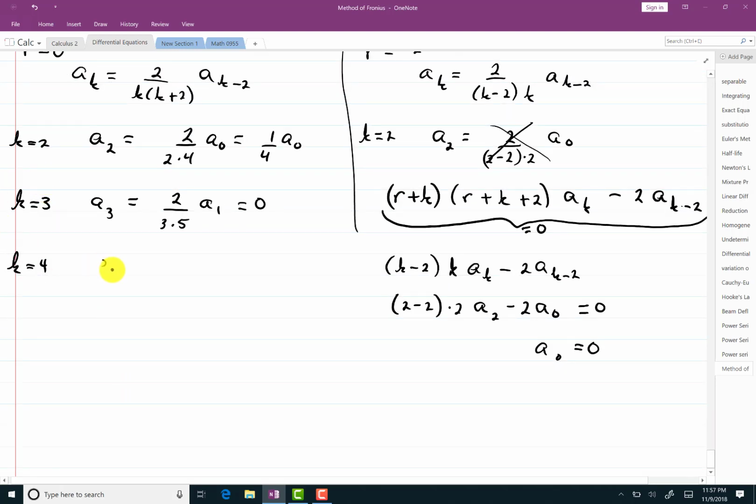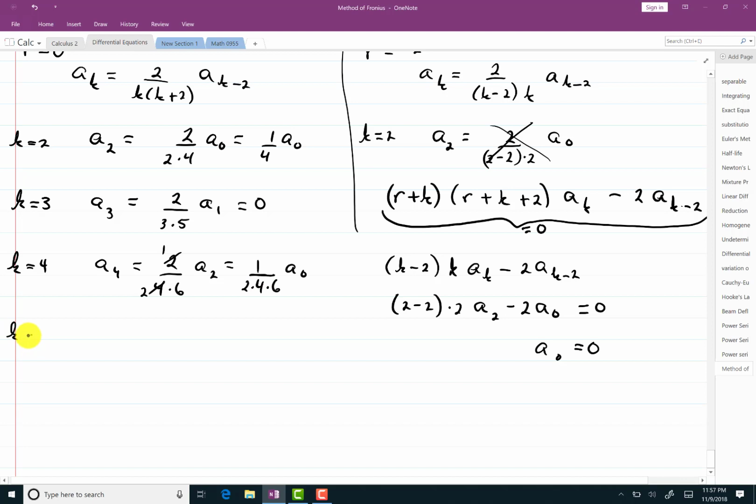A sub 4 will equal 2 over 4 times 6, a sub 2. Do a little canceling here, and that will be 1 over 4, so we have 1 over 2 times 4 times 6, a sub 0.